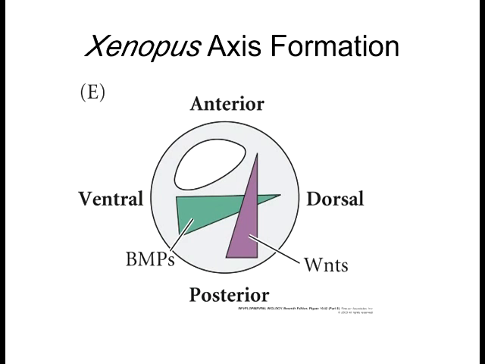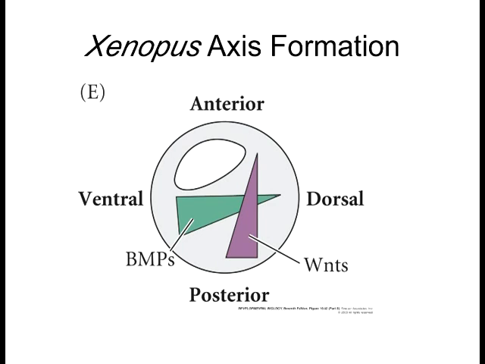However, one of the things I want to show you as far as axis formation is morphogen gradients. Here in the ventral region of the Xenopus, you get high levels of bone morphogenic protein, or BMPs, and then low levels towards the dorsal end. Here in the posterior end of the Xenopus, you have Wnt signaling.